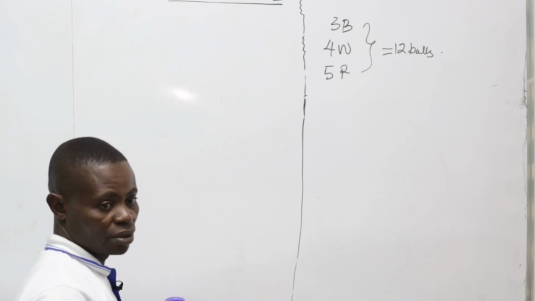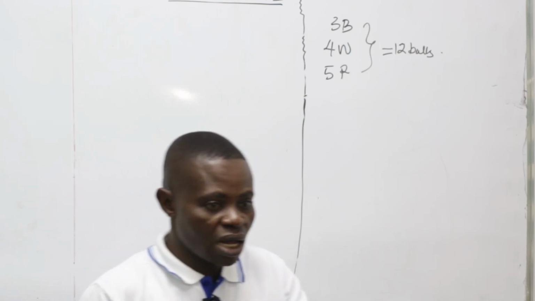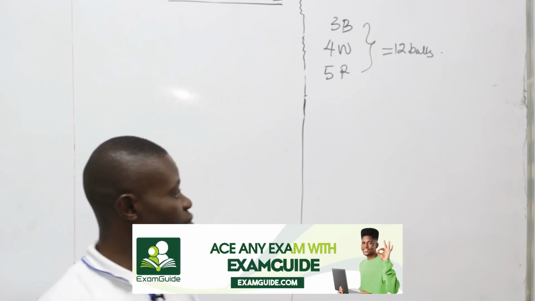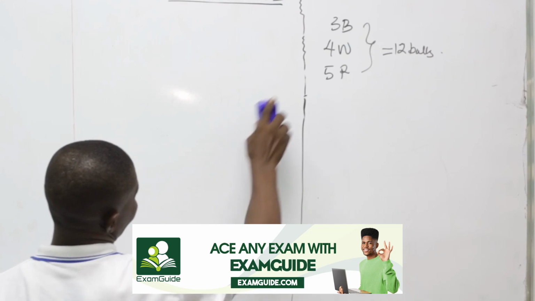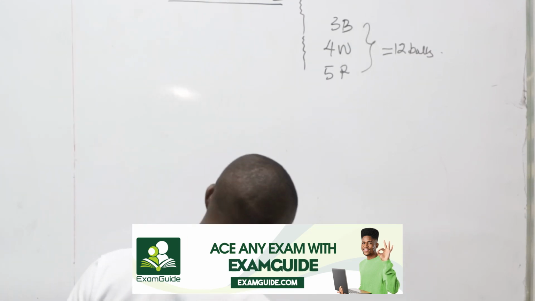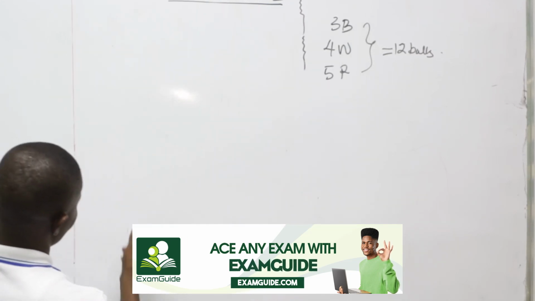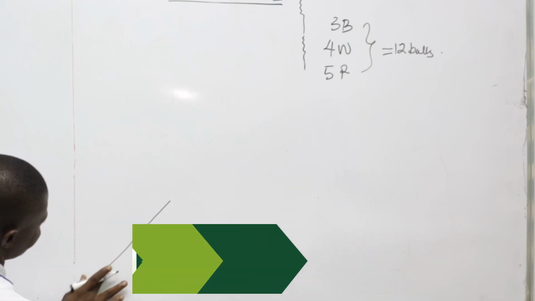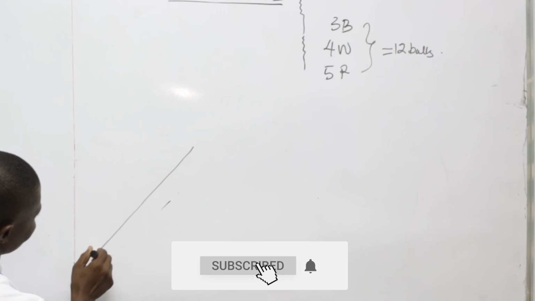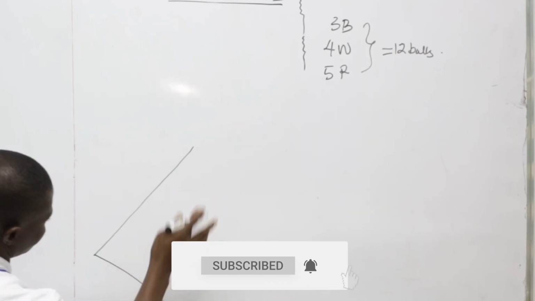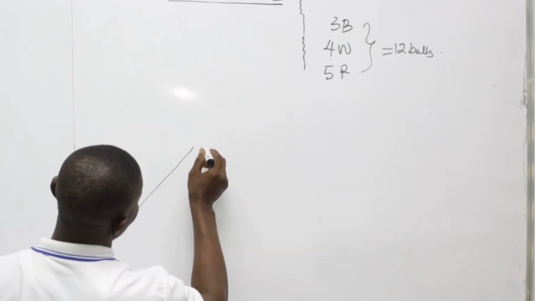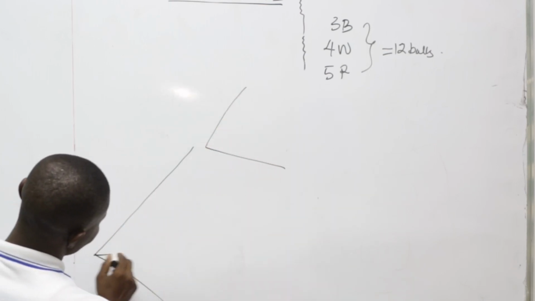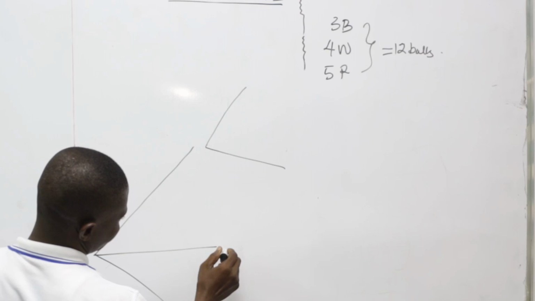We'll quickly draw. 3 balls are removed without replacement, meaning 3 times. Okay, we're going to make a provision for it. The first ball here, let's start this way. Second, remember we are dealing with 3 different samples.